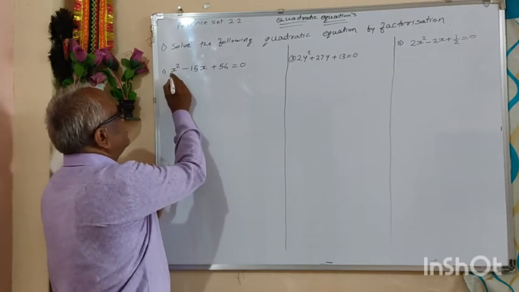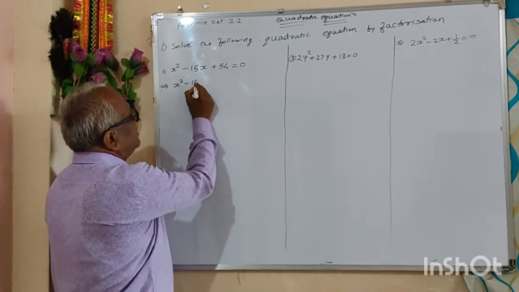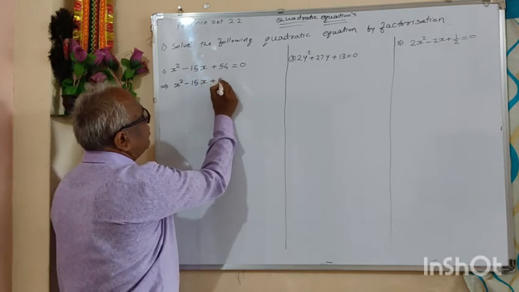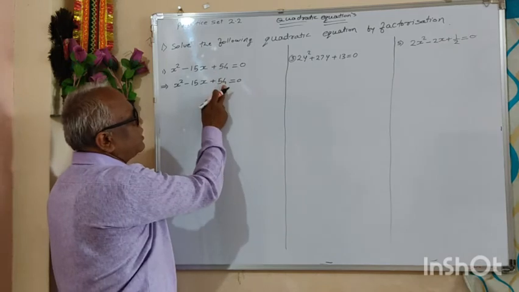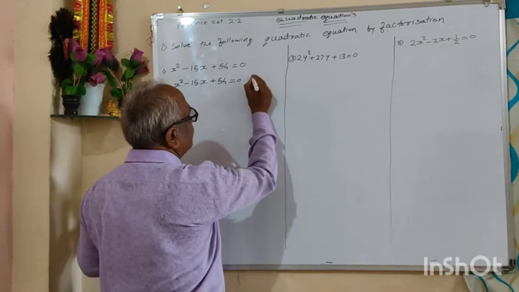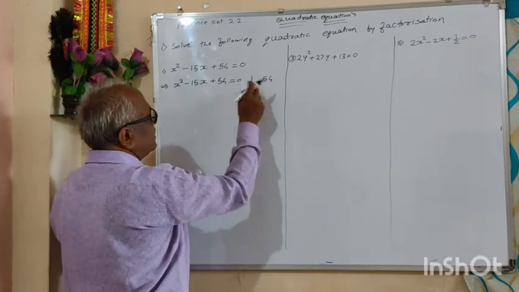In this equation, the first term, that is x square, has the coefficient 1. So 1 into this constant term 54, that is 54, with sign plus into plus, that is plus.